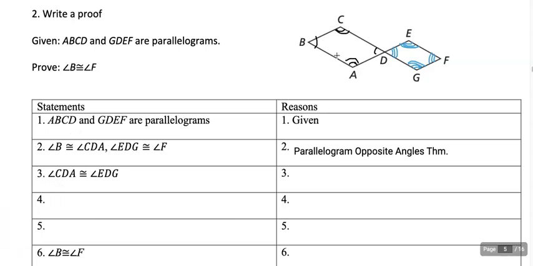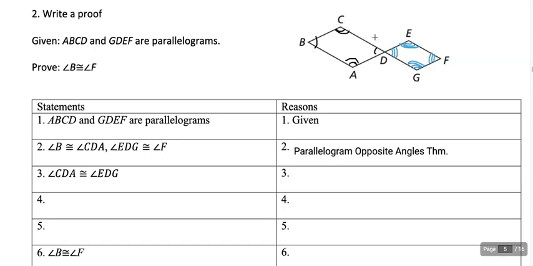Opposite sides are congruent too, so I know these two are congruent, these two congruent, and so on. I don't know if I'm going to need the sides because I'm really just trying to prove the angles are congruent. So let me see if I can get away with not even mentioning the sides. Angle B is congruent to angle CDA. Notice I called this one angle B, and this one CDA.